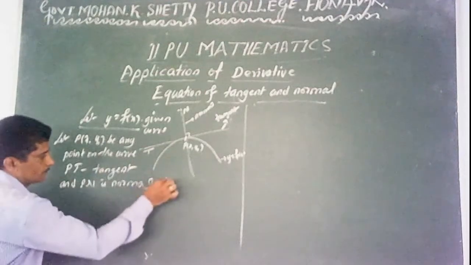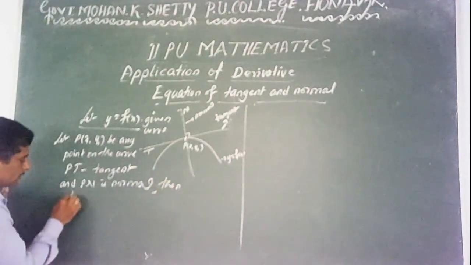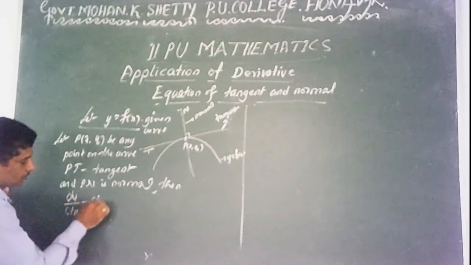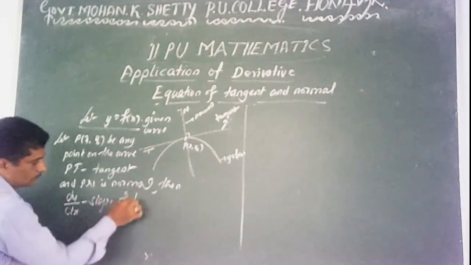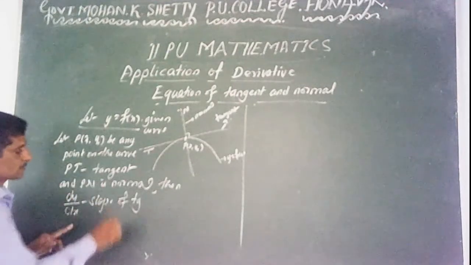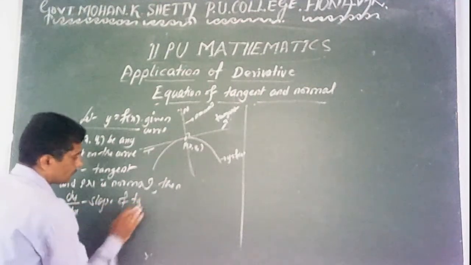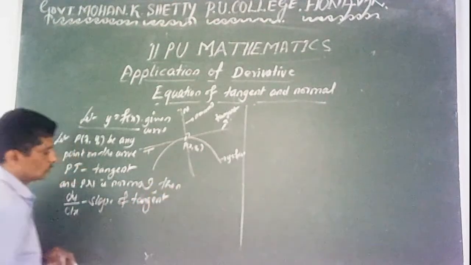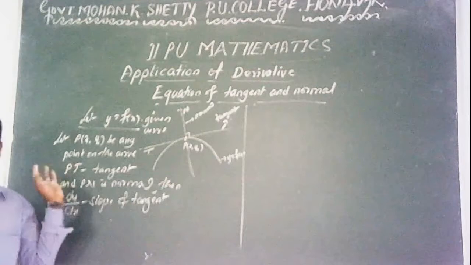Then dy upon dx is called the slope of the tangent to the curve.